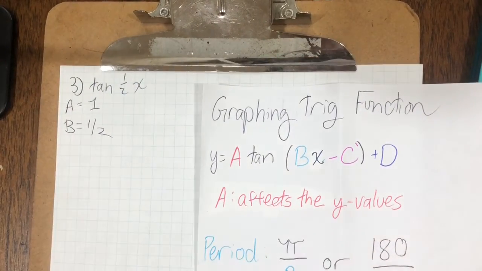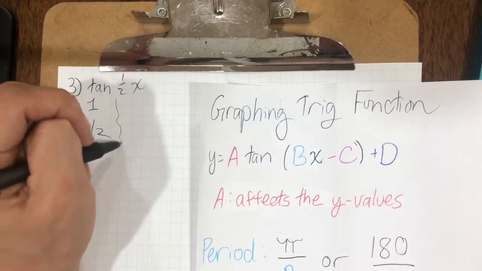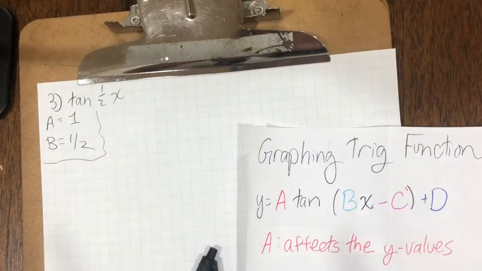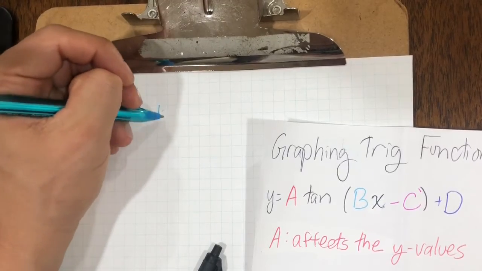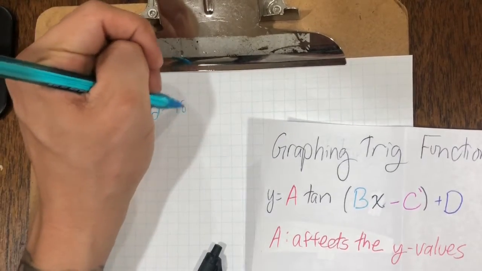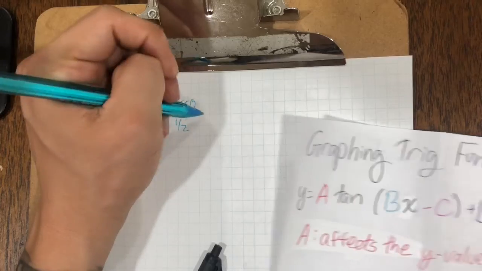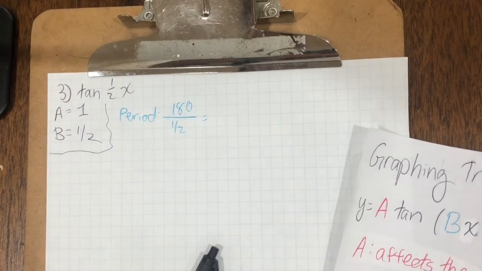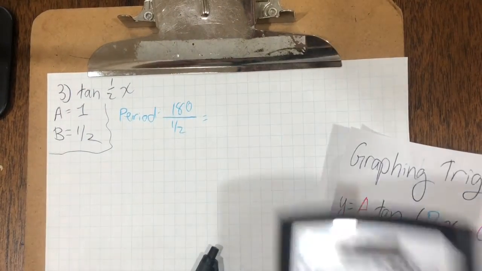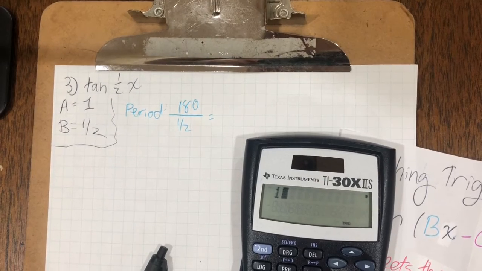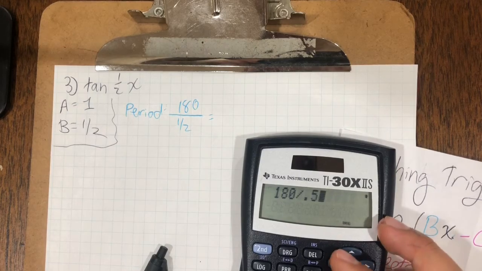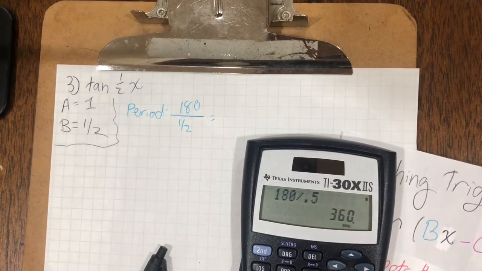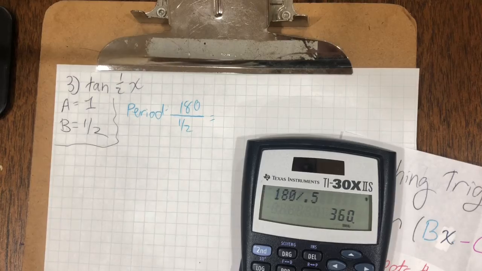Now I'm going to figure out the period. With the period, I'm going to take 180 and divide that by a half, which may make the period bigger. So I have 180 divided by 0.5, and that's going to give me 360 degrees.